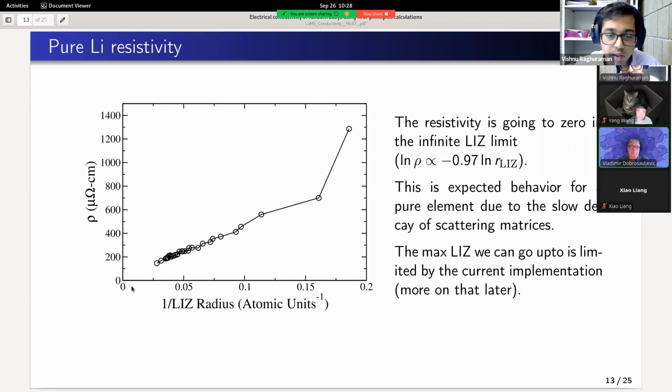You see, when 1 over LIZ goes to 0, this rho seems to go to 0. Obviously, it would be nice if we had more data points here, but I've only calculated to the point where it seemed computationally practical to do so on a single core over a reasonable amount of time.